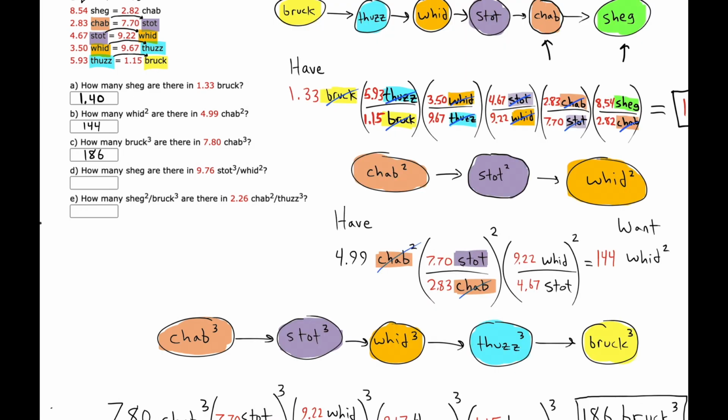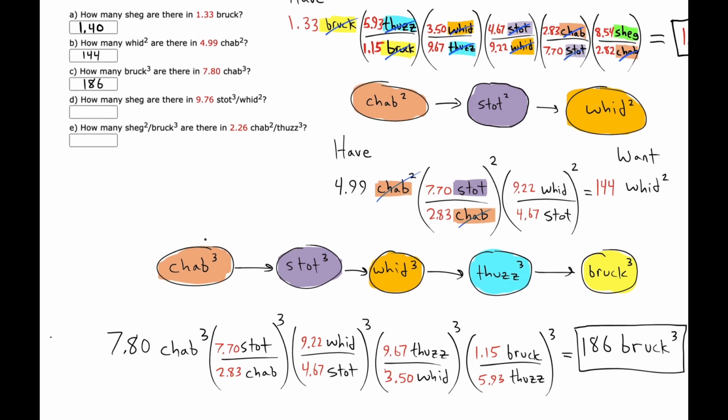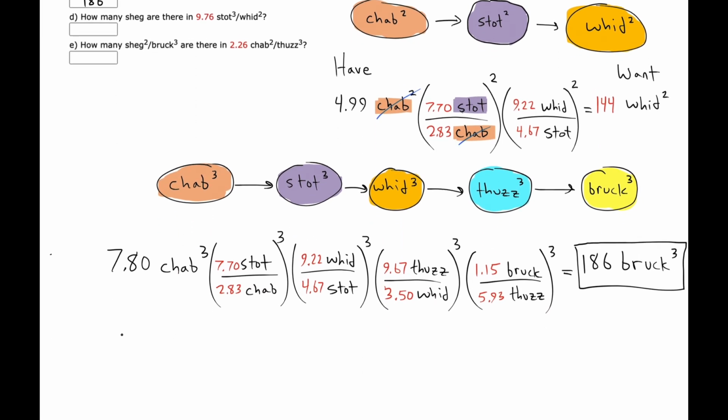Next, we're asked to convert a rate, which is a fraction of units. We're going to be going from stat cubed over wid squared, and we want to go to just sheg. So this is what we have.